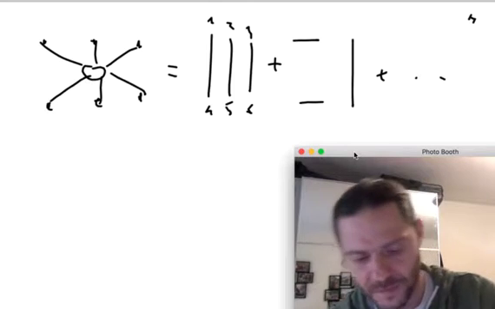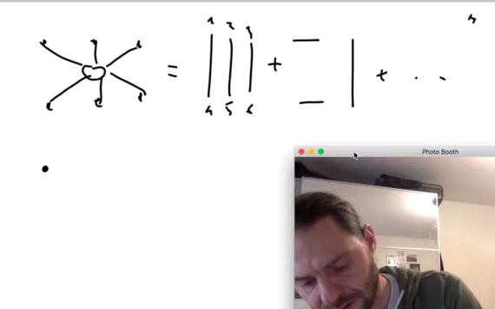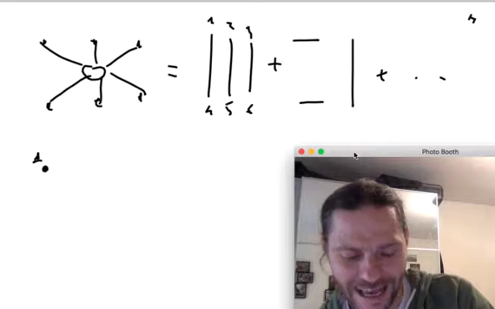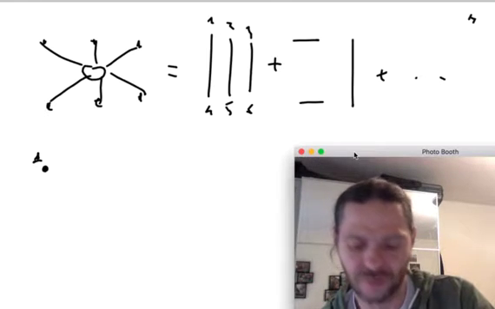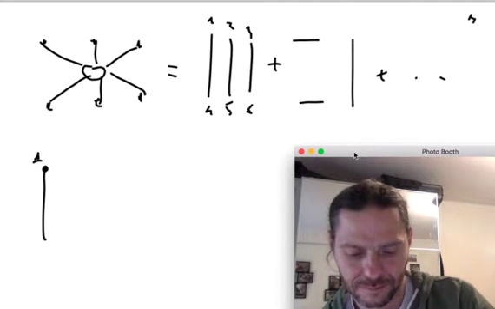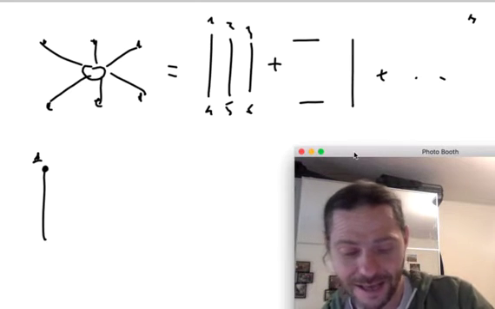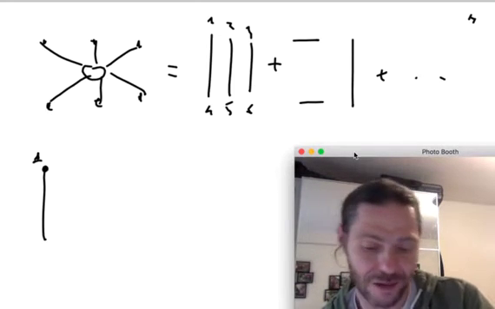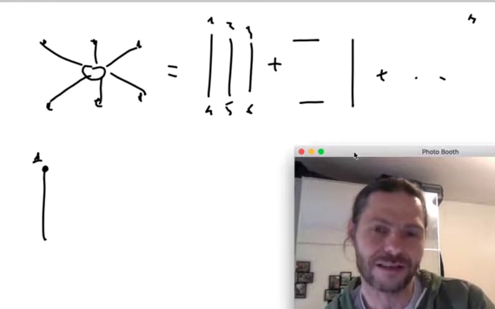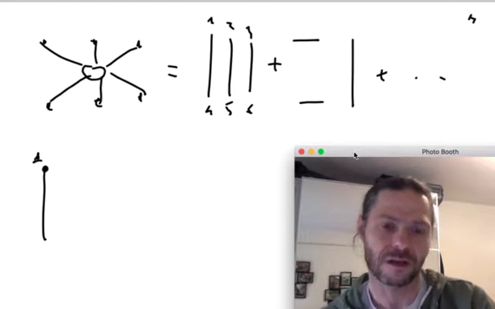Well, let's look. When I pick up the first point in this 6-point correlation function, I have essentially 5 choices to connect it to. Suppose I choose one, then I have to choose another point, and I'm left with 5 minus 1 choices, and very easily you can imagine that this gives me a factorial number of contractions.